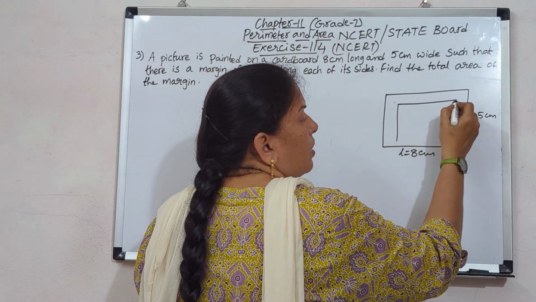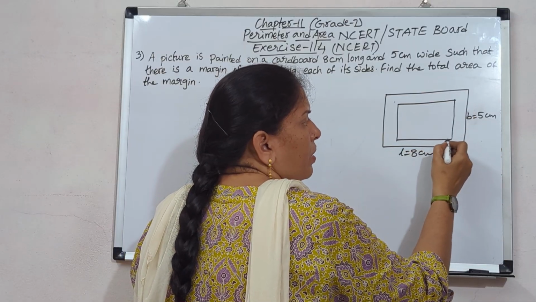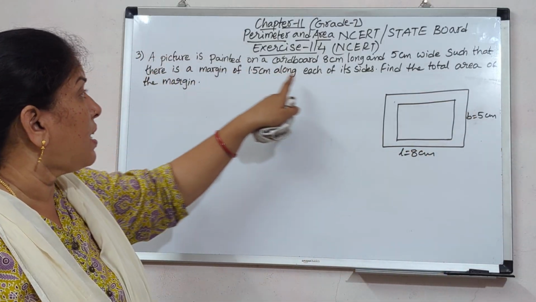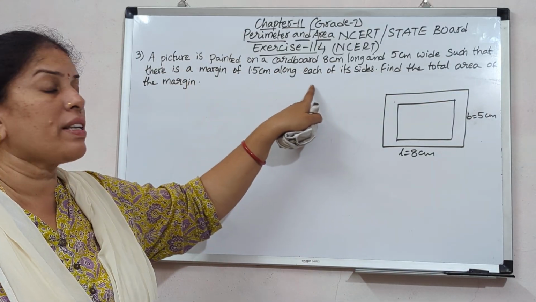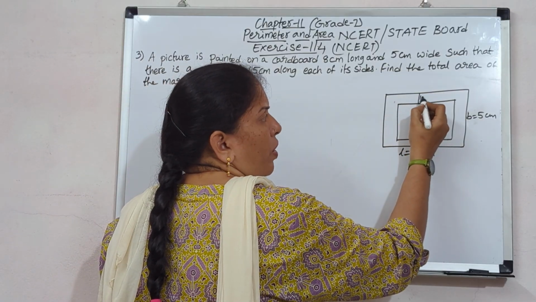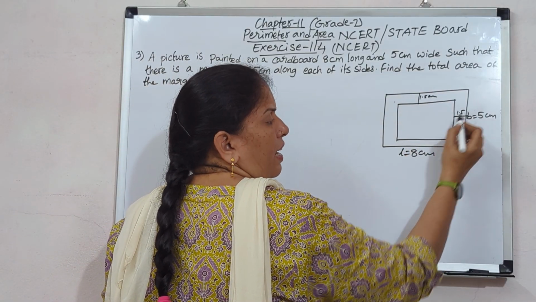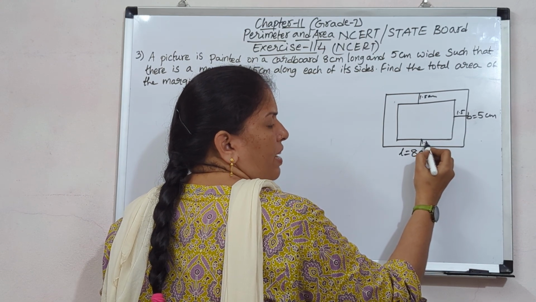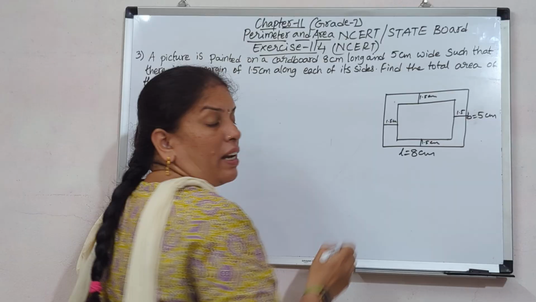Why am I drawing like this? Say what they told in the question: such that there is a margin of 1.5 centimeters along its sides. Along its sides, on this side 1.5 centimeters they left. Here 1.5 centimeters they left. Here also 1.5 centimeters. Here also 1.5 centimeters they left.